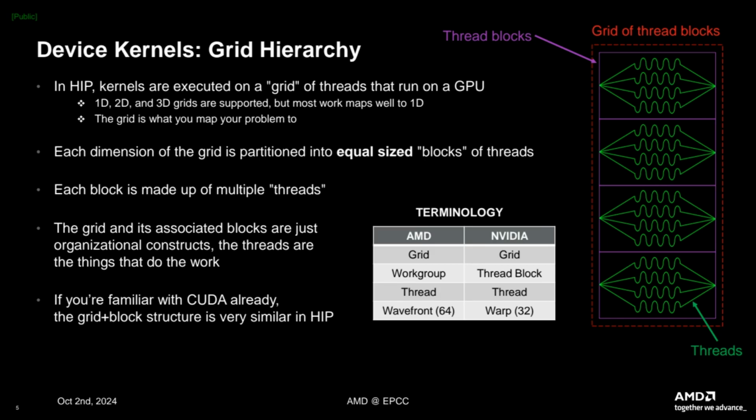These threads can be thought of as existing on a grid, much like, if you're an application person, a mesh. And this grid can be 1D, 2D, or 3D. The grid is partitioned into equal-sized blocks of threads, and each block is made up of multiple threads.